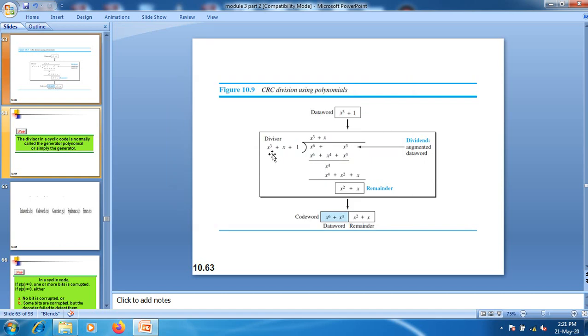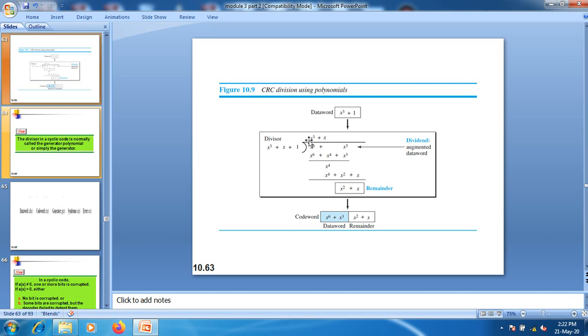Suppose we are performing the division operation here using this divisor, x to the power 3 plus x plus 1. First we need to divide the first term, so that we will get the first term for the quotient. x to the power 3 is multiplied with x to the power 3, so that we get x to the power 6, which is part of the quotient here.